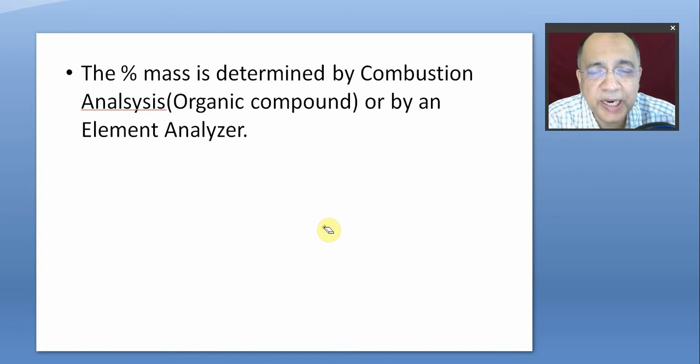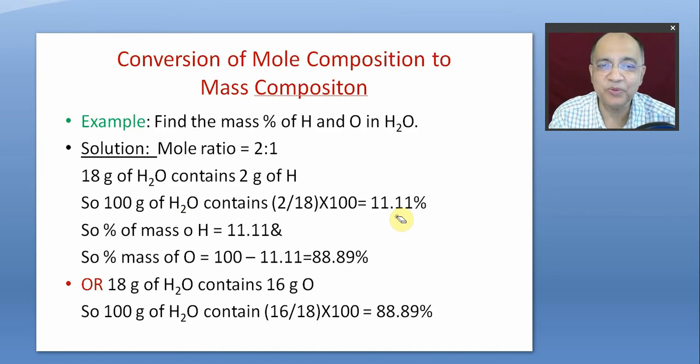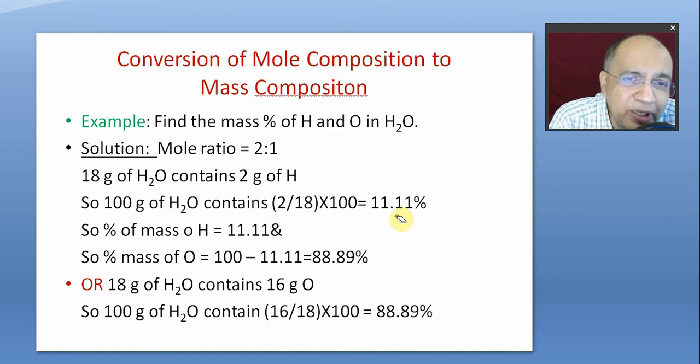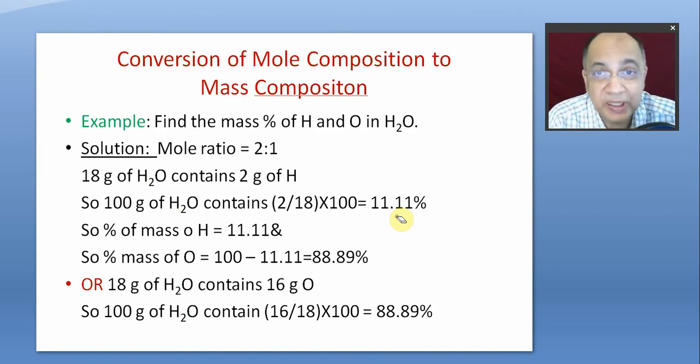So the bottom line is, the mass percent of each element present in a compound could be determined experimentally. Now see how we can get the mass percent from the empirical formula or the molecular formula.